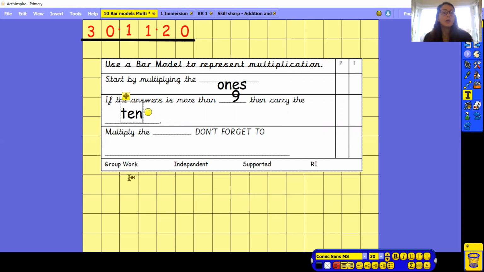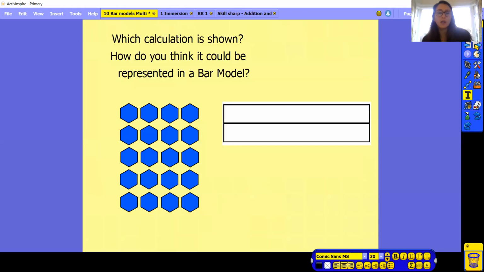Excellent. After we've done our ones column, we move on to the tens column. Don't forget to add the extra 10. Super. Okay, so on to our learning here.